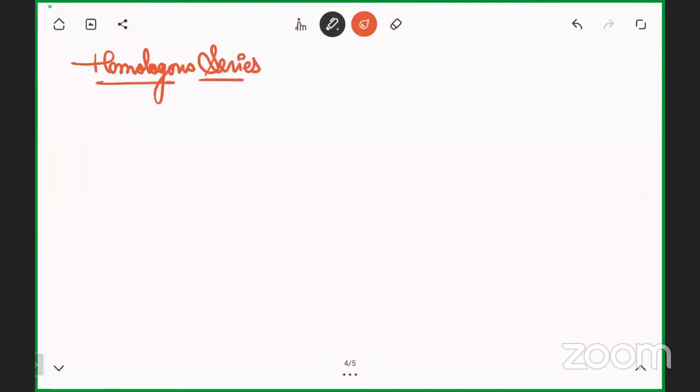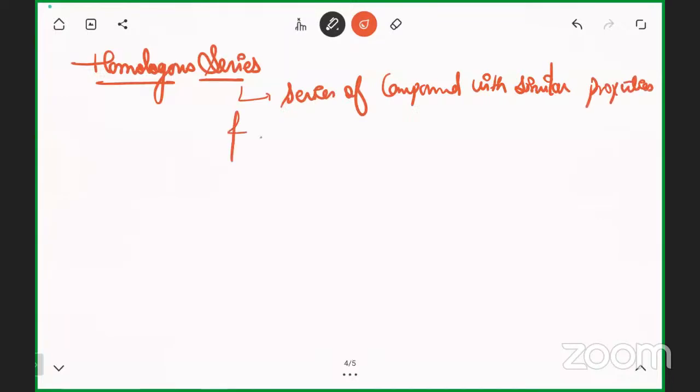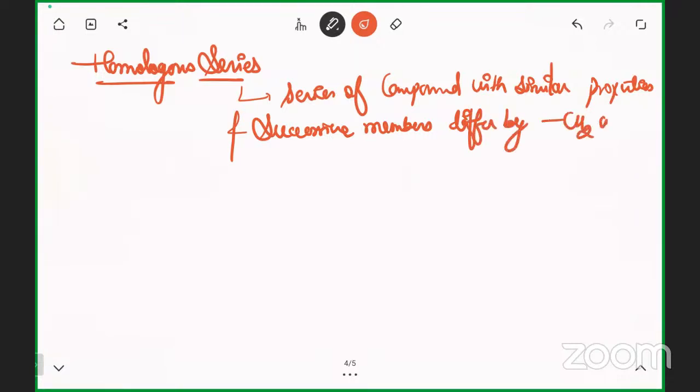It's simply a series of compounds with similar properties, and successive members differ by CH2 group or by 14U, that is atomic mass unit.